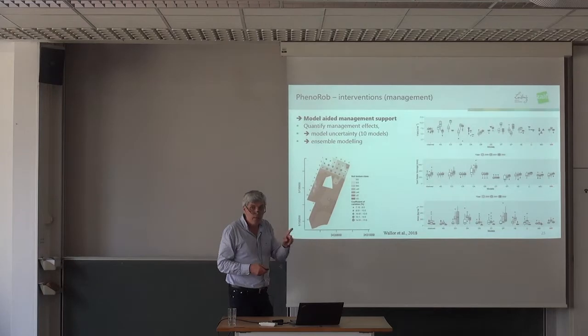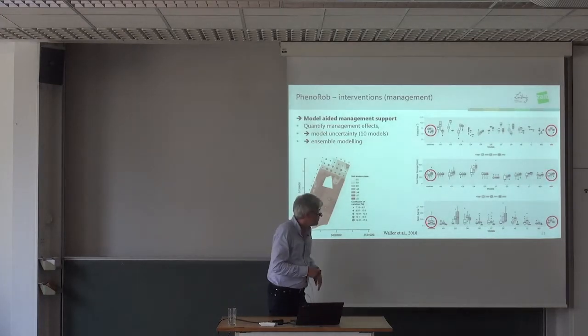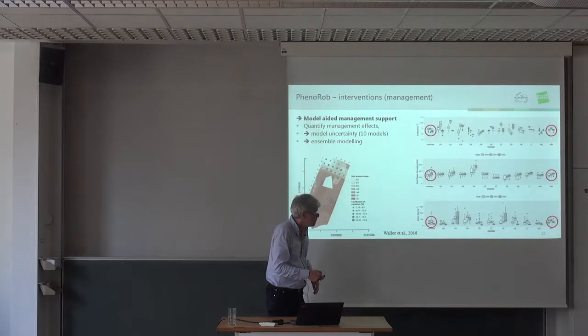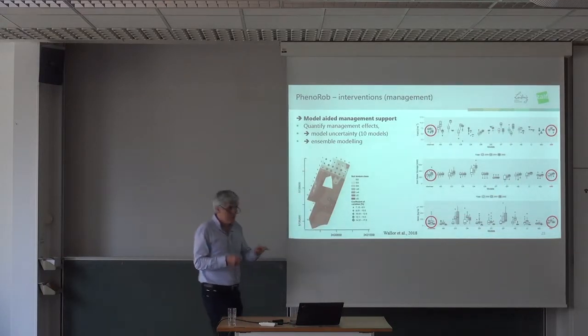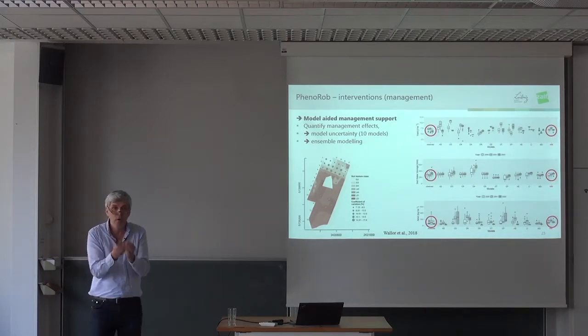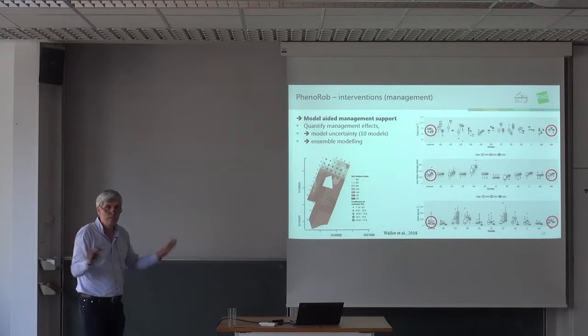And again here, the multi-model ensemble performs relatively well in comparison to the observations. These are the observations, this is the multi-model ensemble. The circles are on the same line, at the same height. So there's a good agreement, but for an individual model, if you take just one model, and if you have no idea about crop modeling, you can be in big trouble. You basically don't do it.